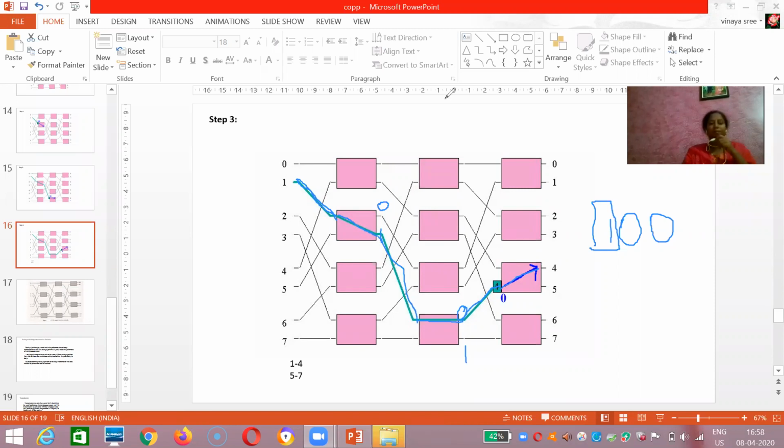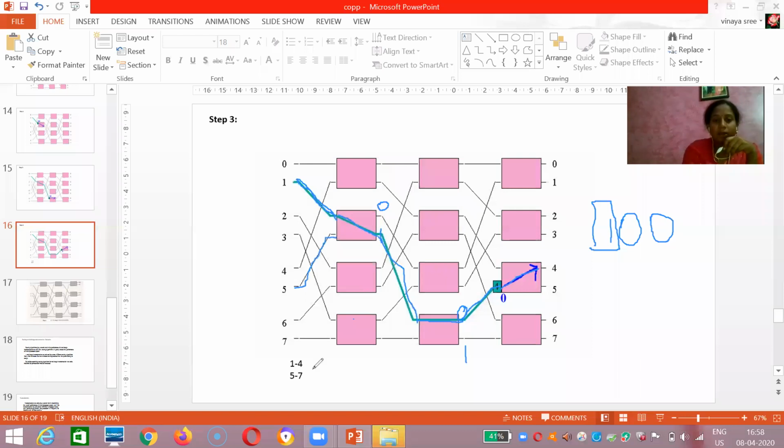Okay, now we will see processor 5. Processor 5 wants to connect with memory module 7. So for that, what is the path? Where is processor 5? This is processor 5. So based on this connection, you will reach here.